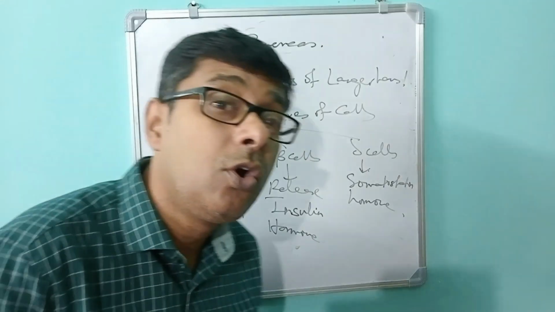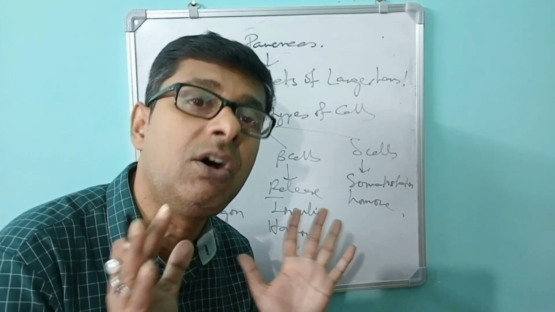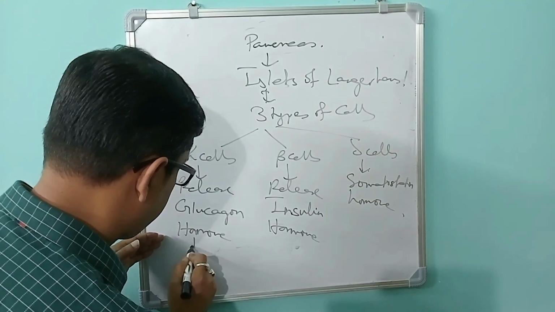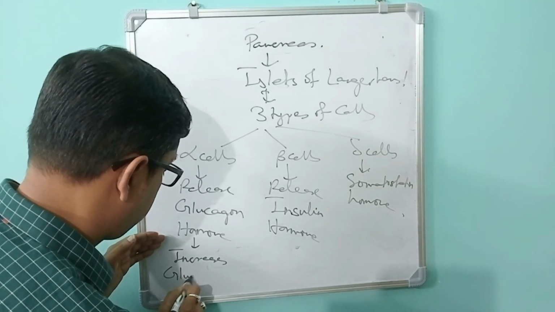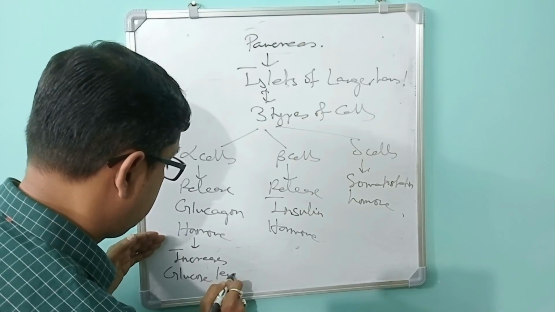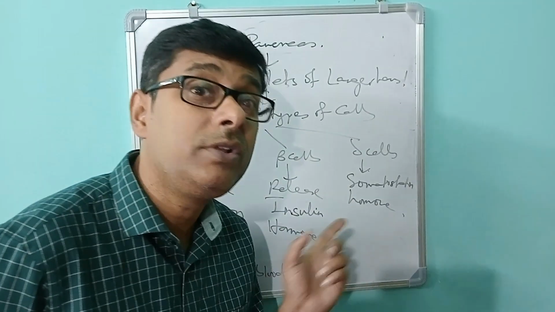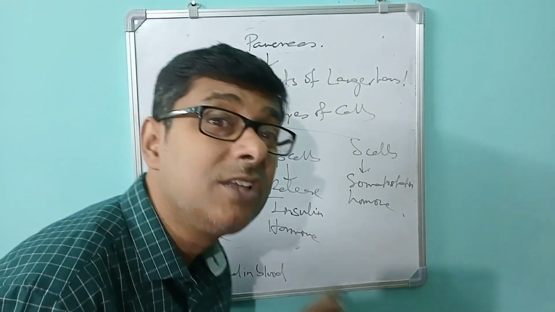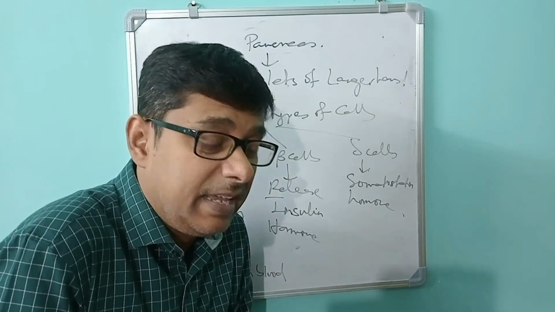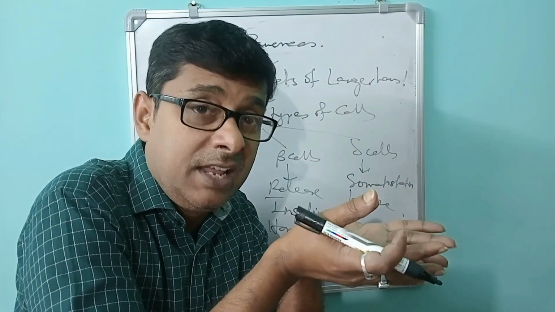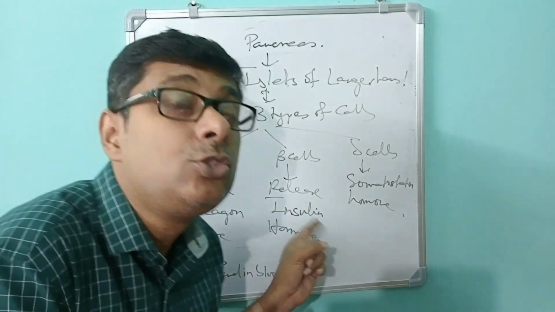So glucagon hormone, what is its function? It increases the glucose level in our blood. Clear? And what about insulin hormone? It does just the opposite of glucagon hormone. When the glucose level in our blood increases to a very high level, then beta cells of the pancreas release insulin hormone.